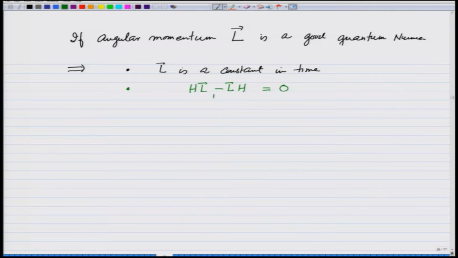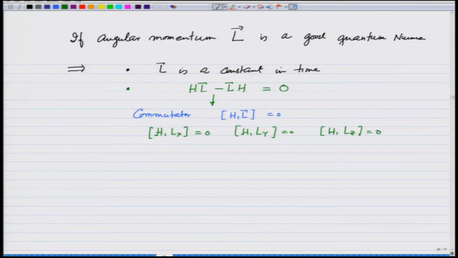Let me give this a name because it will keep coming again and again. We call this a commutator and denote it as [H, L]. So, commutator of H and L is going to be 0. What that means in terms of components of angular momentum: [H, Lx], the x component of L, will be 0, [H, Ly] commutator would be 0, and [H, Lz] commutator would be 0.